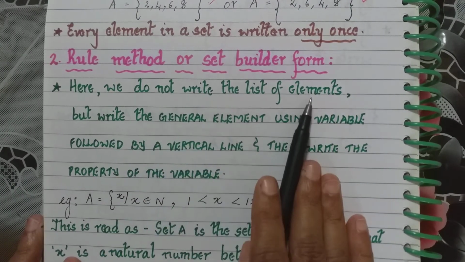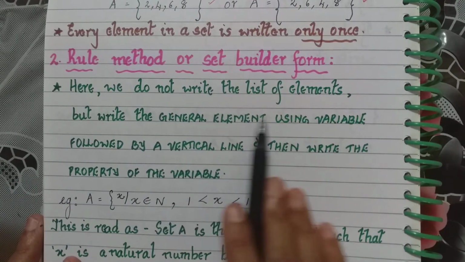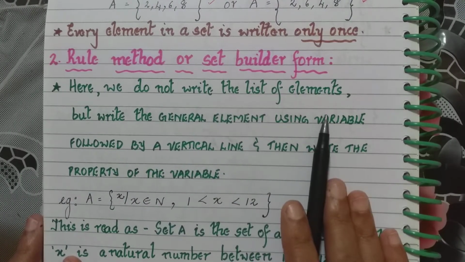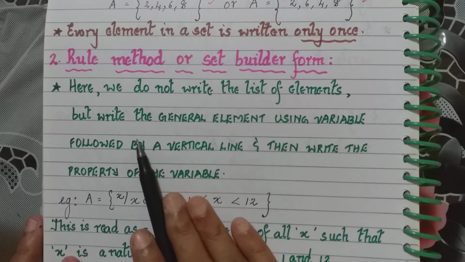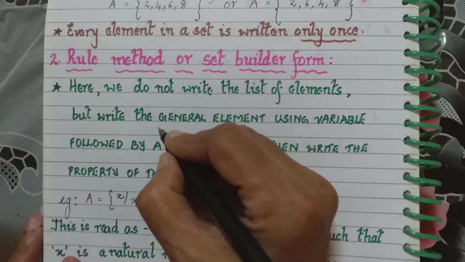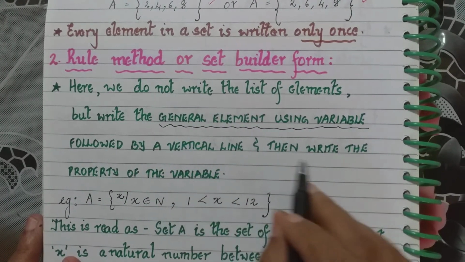So here what do we do? We do not write the list of elements as we wrote in the first case. In the listing method we were writing down or listing the elements. So here we do not write the list of elements, but what do we write? A general element using the variable.